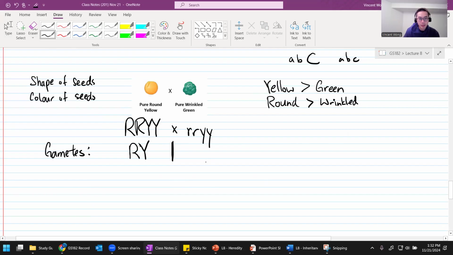Gonna put a bar here to separate them. And then for the wrinkled green, the only gamete will be small r, small y. So our Punnett square will be pretty small, just 1 by 1. Big R, big Y here, and small r, small y here. Remember, these are in the same gamete, so I have to put them together.